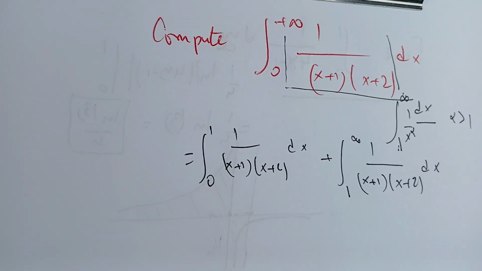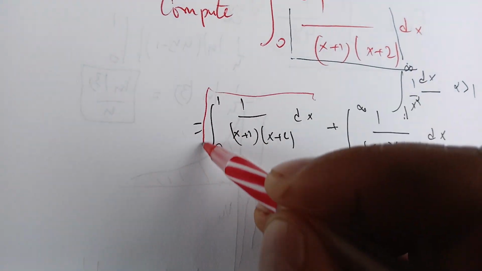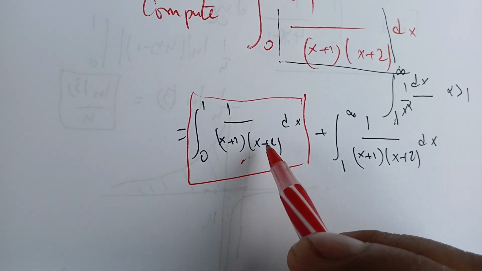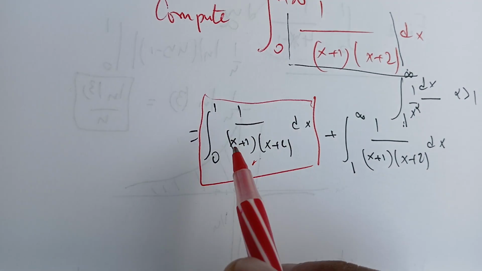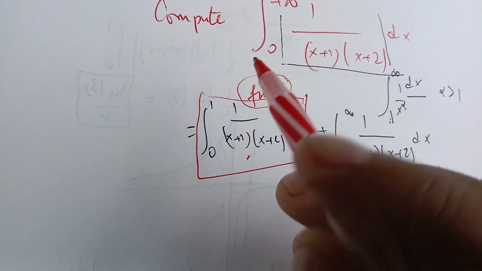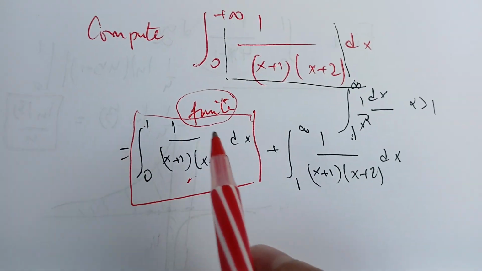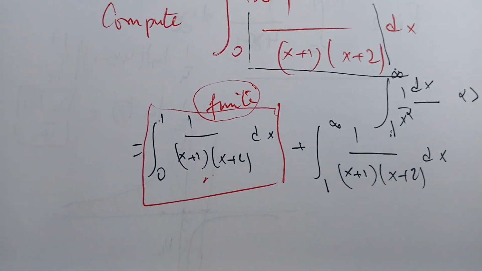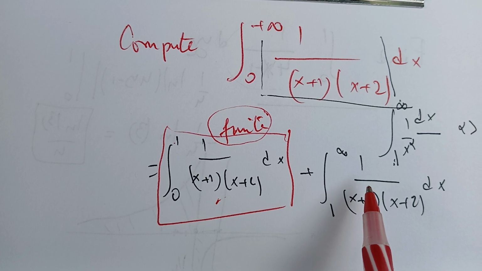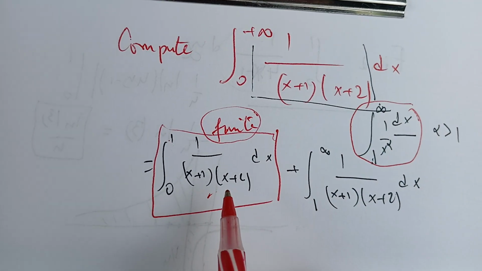Let me clarify some points here. This one is the definite integral that we know. This is finite. We have no issues here. And we had to split this integral into two parts because we want to use this criterion here.